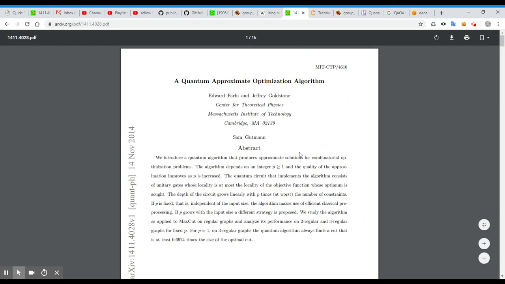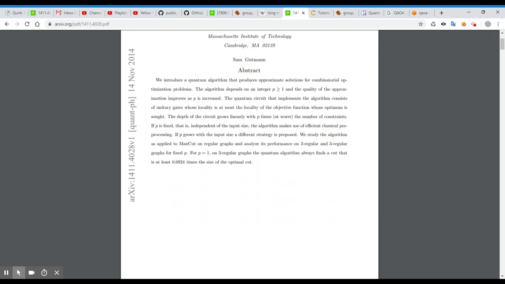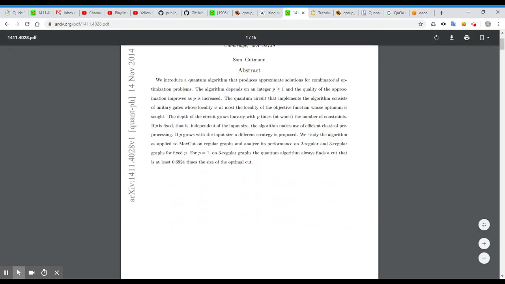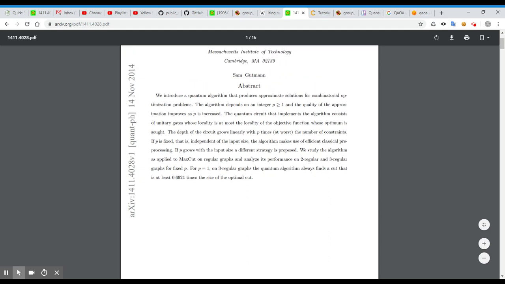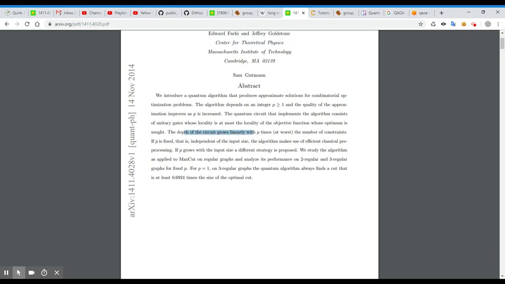So this is the actual paper. We introduce a quantum algorithm that produces approximate solutions for combinatorial optimization problems. The algorithm depends on an integer p, and the quality of the approximation improves as p increases. The quantum circuit that implements the algorithm consists of unitary gates whose locality is at most the locality of the objective function whose optimum is sought. The depth of the circuit grows linearly with p times, at worst, the number of constraints.